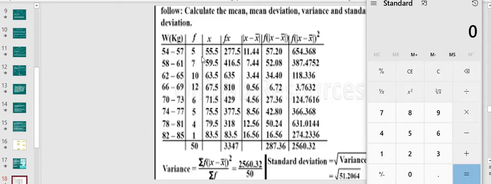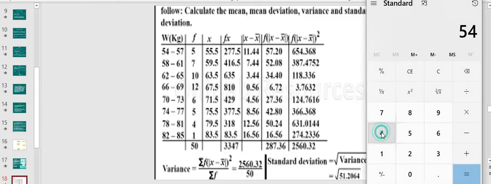First of all, we will find the midpoints. Midpoints can be calculated by adding these two values and dividing by 2.